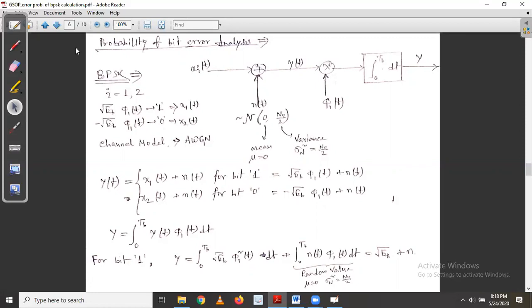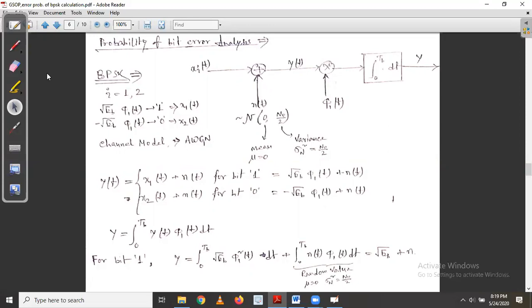Very interesting. Before that, I should say that we already know the expression of probability of error of BPSK, that is half erfc of root of Eb by N naught. That expression we have already discussed, but which kind of derivations are required for it, that we will discuss today, because these things are in module 2.